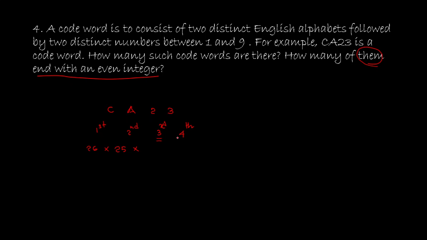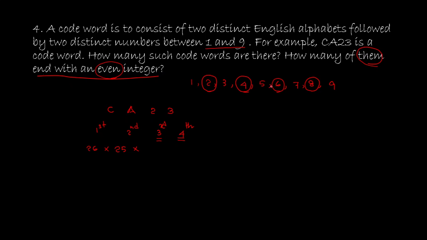And the third and fourth place, let's consider. We want it to end with an even integer. For the even integer, we can determine it from the numbers between 1 to 9: 1, 2, 3, 4, 5, 6, 7, 8, and 9. 2 is an even integer, 4 is an even integer, 6 is an even integer, and 8 is an even integer.